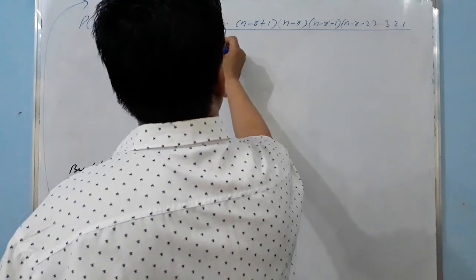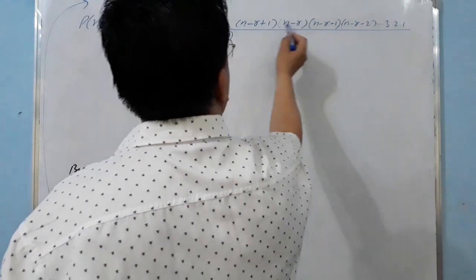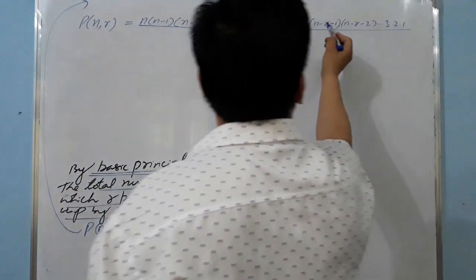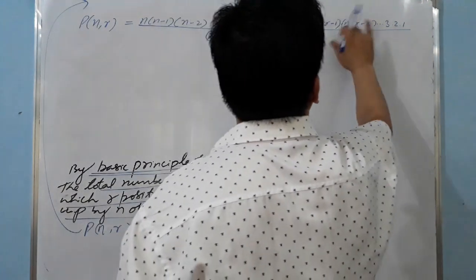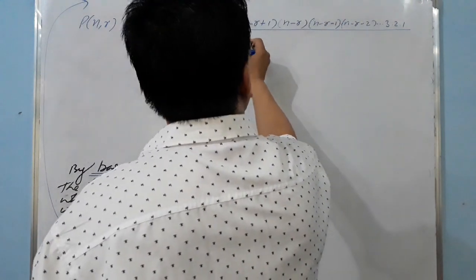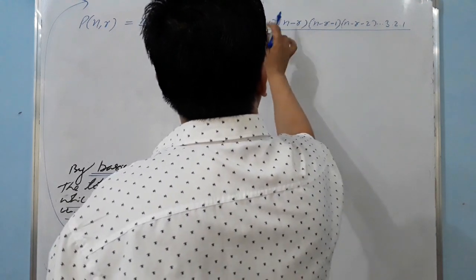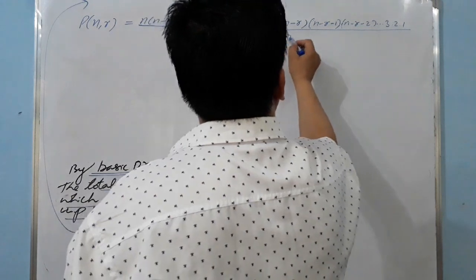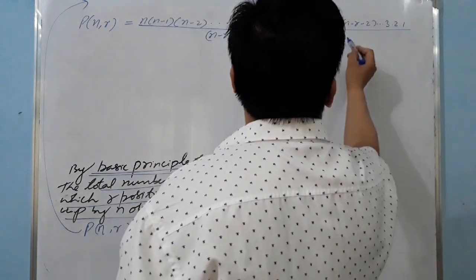And now, because these are all extra in the product, let's cancel them by dividing by the same product of the same numbers: n minus r, n minus r minus 1, n minus r minus 2, dot dot, 3, 2, 1.